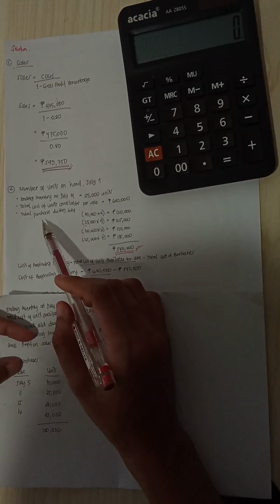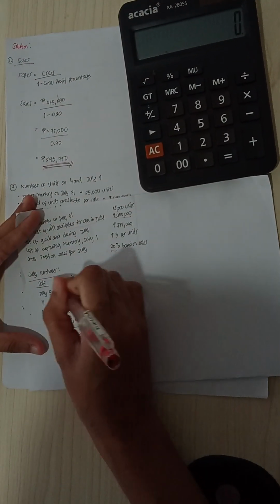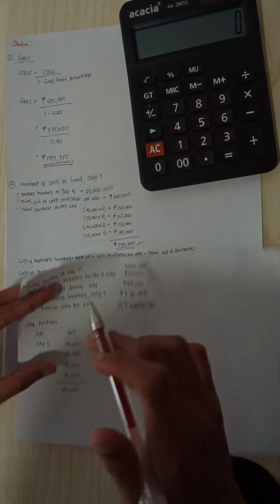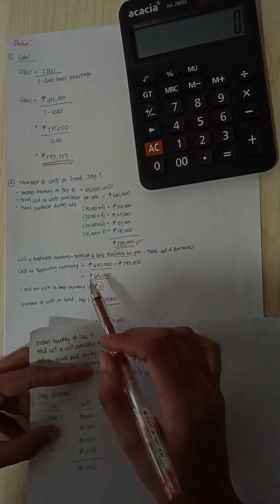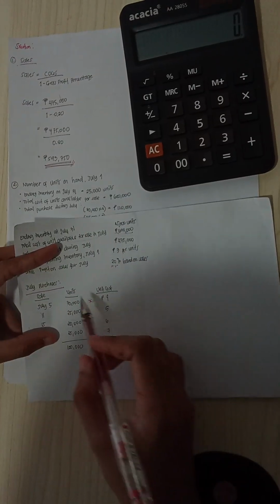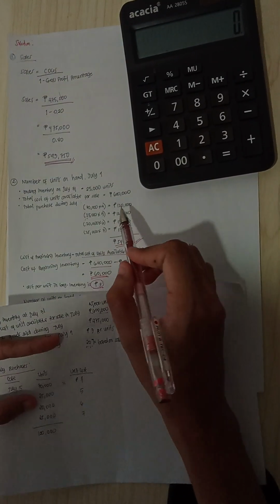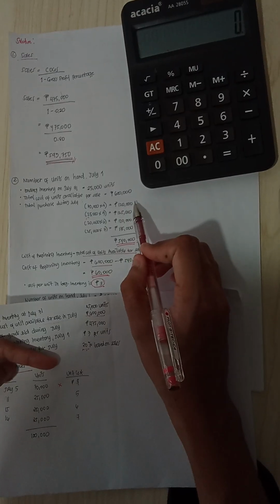And then, the total purchases during July. So, first is the July purchases, and we total them. Again, where does this come from? 30,000 times 4, units times cost. So 30,000 times 4 is 120,000 pesos.